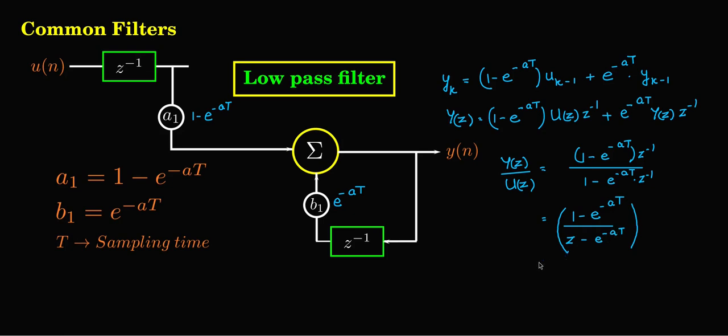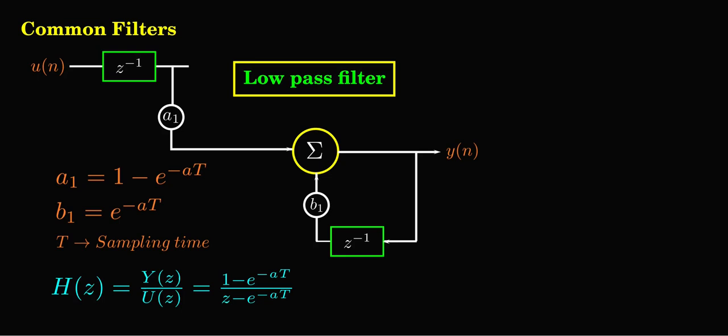So that value. So I can say that this is the discrete transfer function of this low pass filter, and you can use it for any application which demands a first order low pass effect.